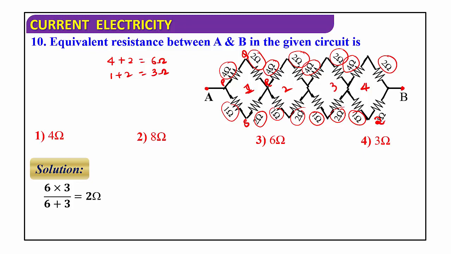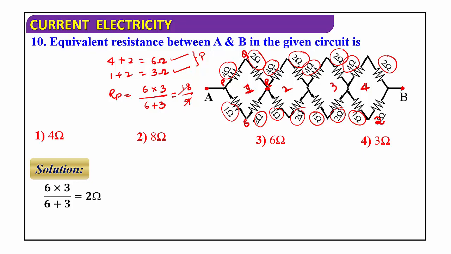So now they are connected to the common points P and R. That means 6 ohm and 3 ohm both are connected in parallel combination. So parallel combination means how to find here? Rp equal to R1 R2, 6 into 3 divided by 6 plus 3. What is the answer? 6 3s are 18, 6 plus 3 is 9, 9 2s are 18 here.